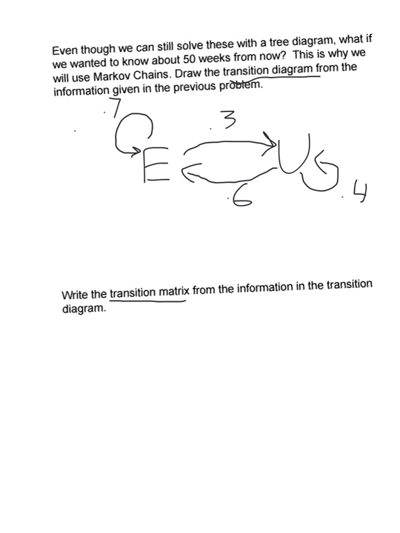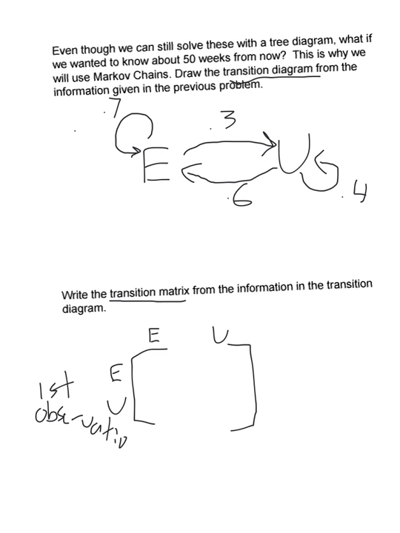Now the transition matrix shows this same information, but in matrix form. I'm just going to draw a little E and U, E and U. The left side of the matrix is like our first observation. In the last example, when we said we started as employed or we started as unemployed, that's what the left side of the matrix is. So I'll write first observation.